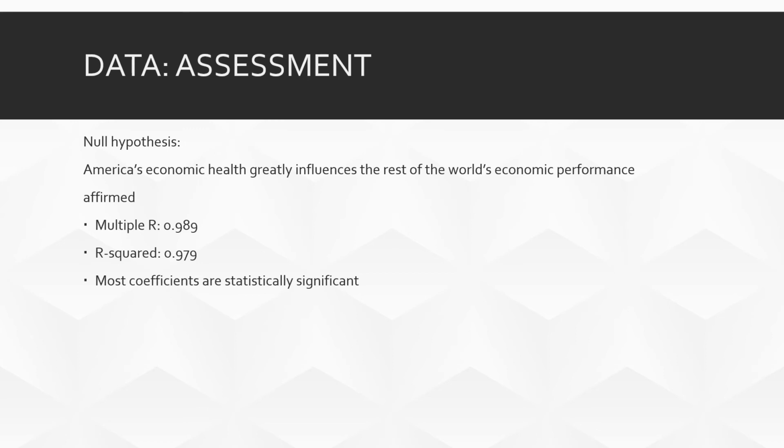After looking through those coefficients and the relationship to the global GDP, after running that multiple regression analysis, it's quite clear that there is a relationship between the health of the American economy and the GDP of the world.